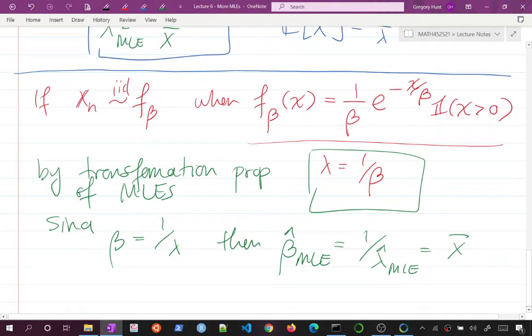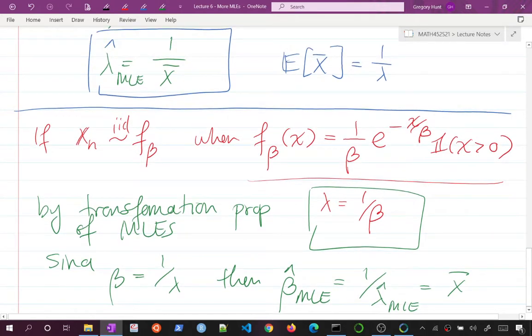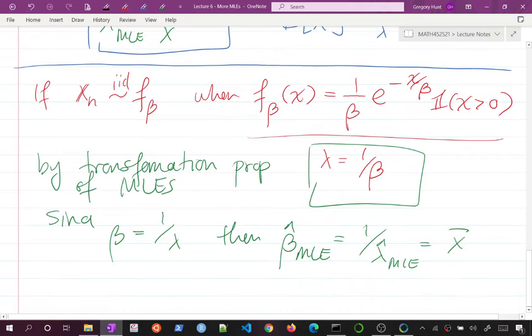So in our case, for the rate parameterization in terms of lambda, the MLE is 1 over x bar. If I parameterize in terms of this beta, it will give me the MLE is x bar.